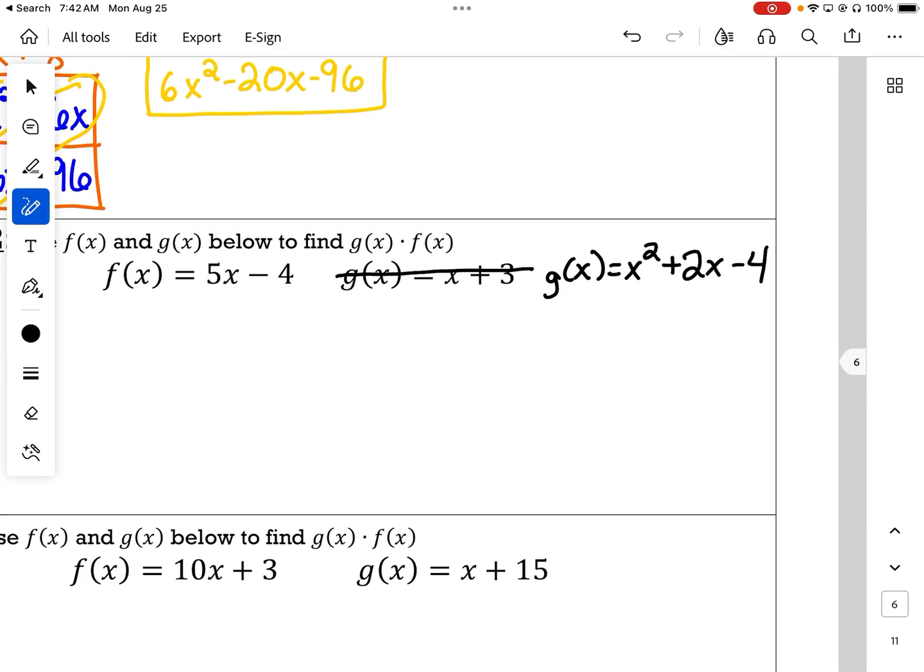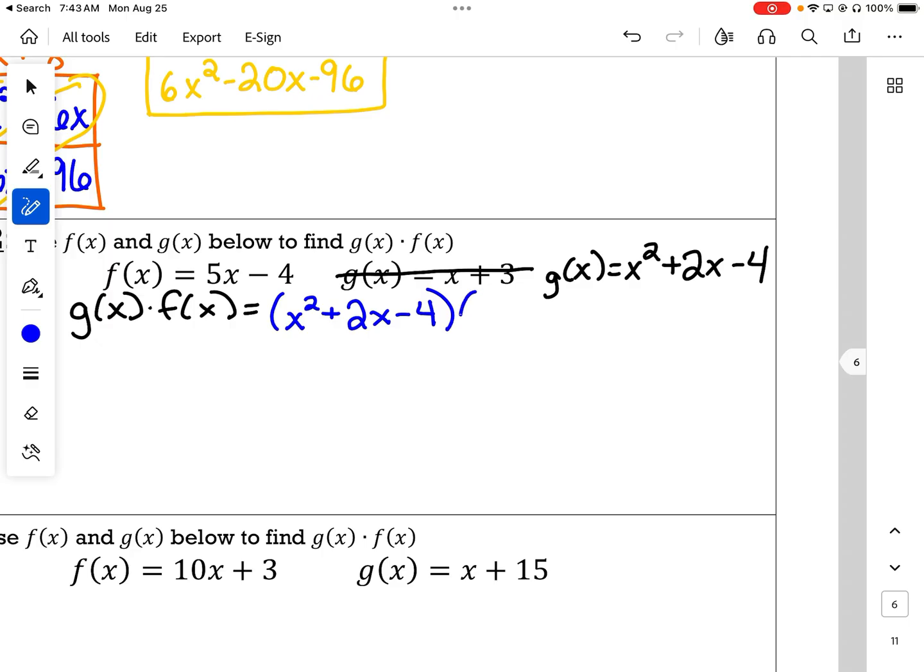So we're going to multiply these. It says g of x times f of x. With multiplication, order doesn't matter. But we're going to go ahead and write it the way that it says. So g of x times f of x.